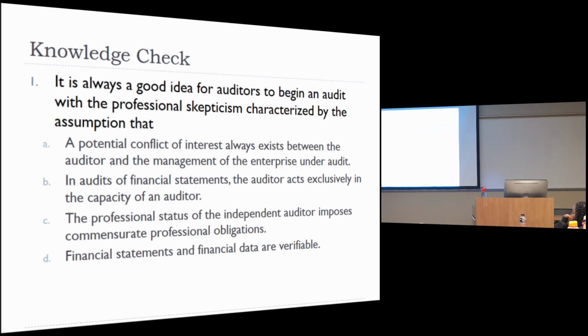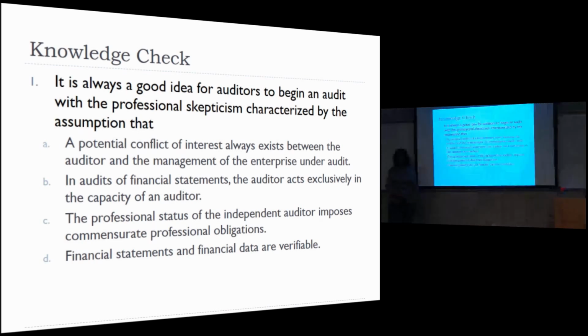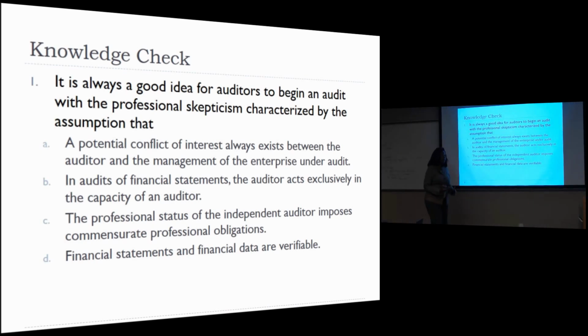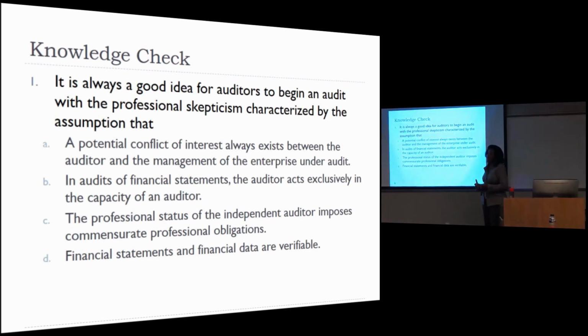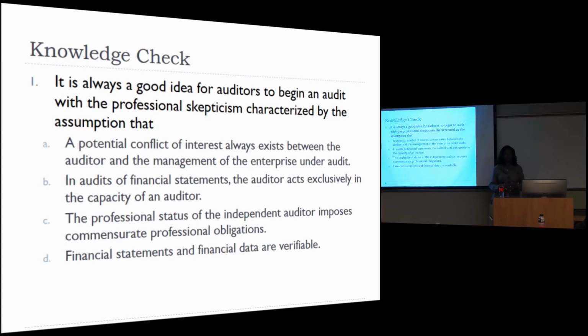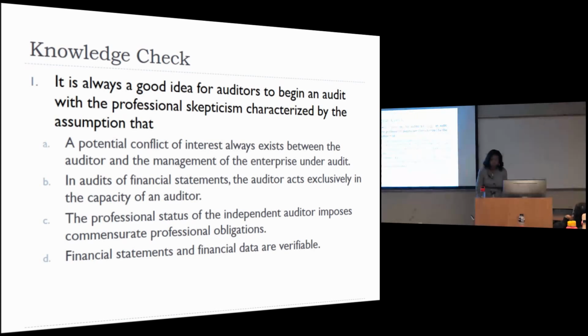So that you approach the client not just trusting them unconditionally, but also being aware that there could be incentives for the client to manipulate the financial statements, and be aware of what factors could give rise to those incentives. So the correct answer here is A.